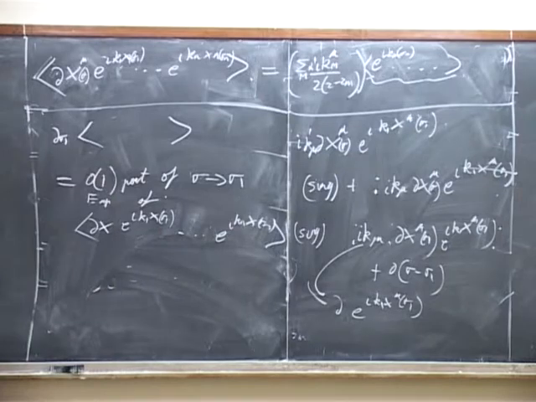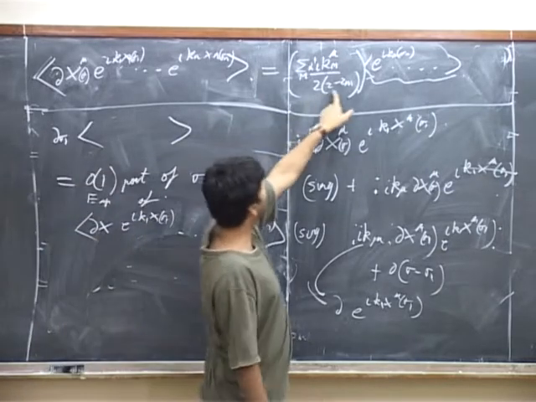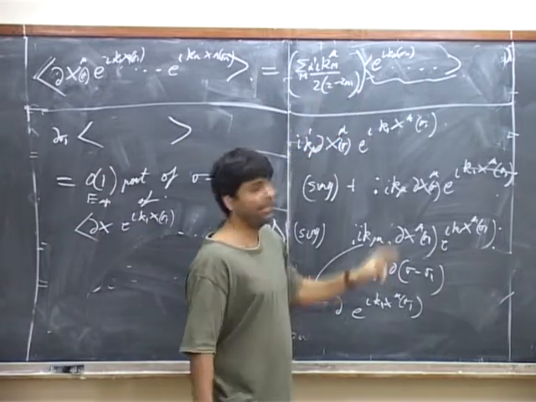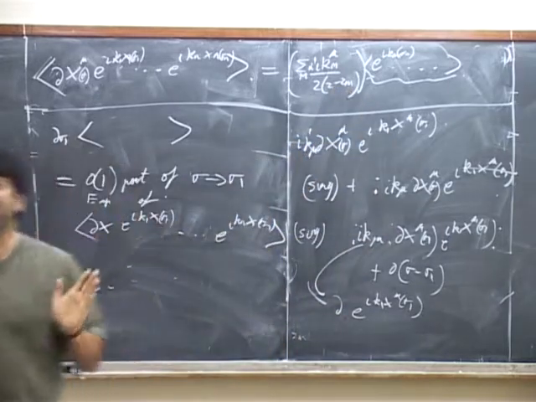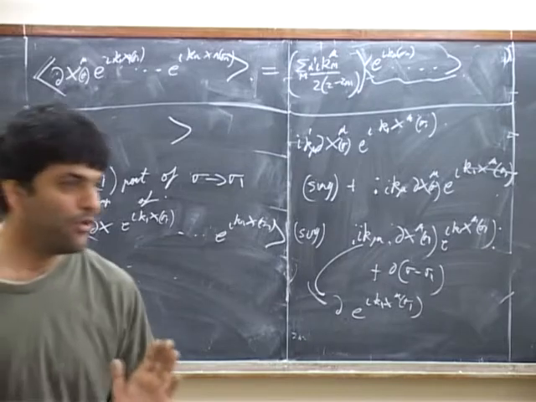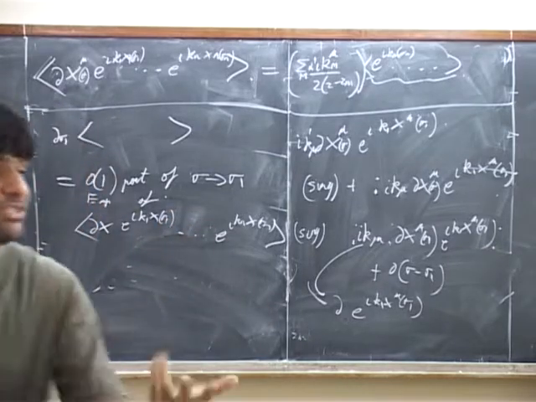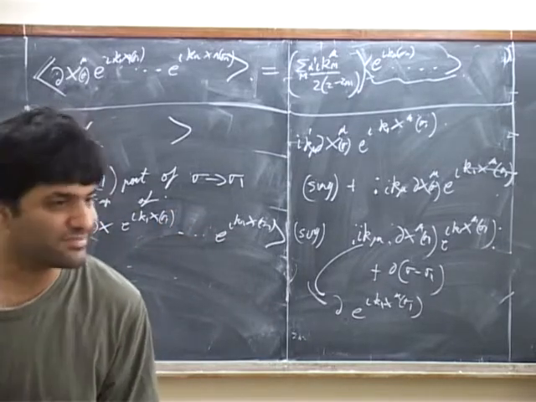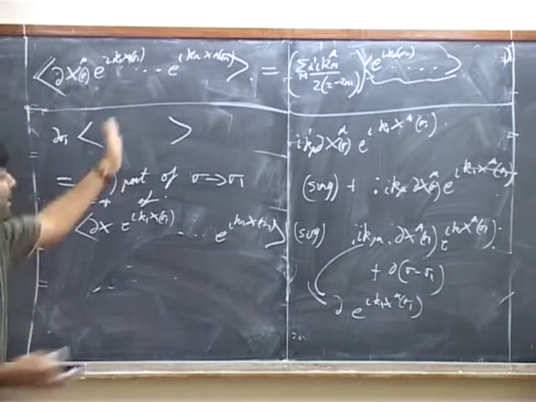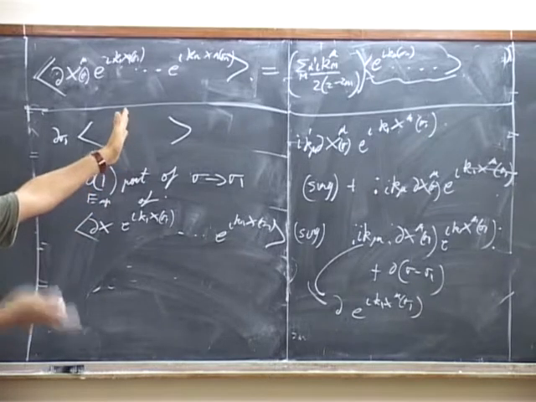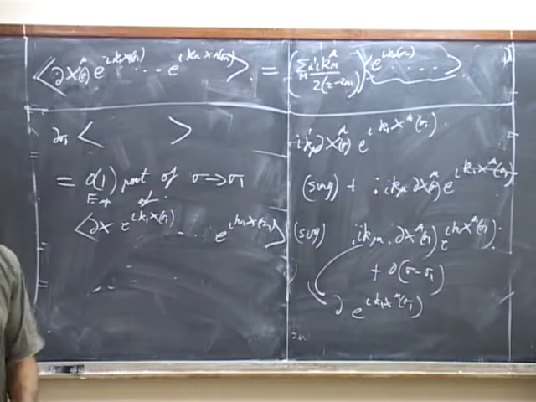So what does this answer have? It has a pole in sigma minus sigma 1 that comes from z minus z1. But it also has all the other pieces, which were z minus zm, where m was not equal to 1. Those are the order 1 part of that correlator as far as the expansion. So what are we supposed to do?